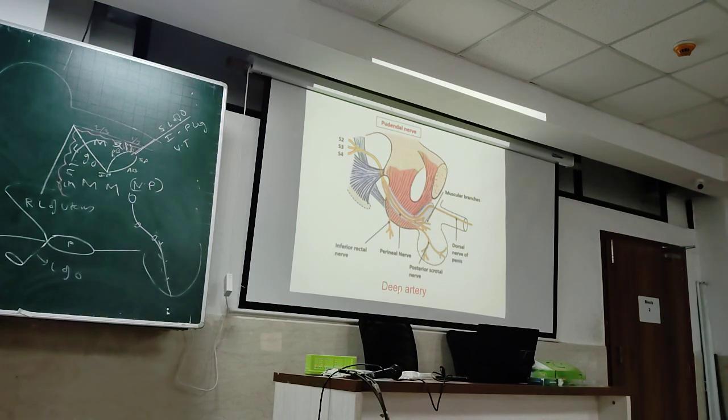This deep artery is the one which supplies erectile tissue. There is no corresponding nerve to erectile tissue. The deep artery is an additional artery which has no counterpart nerve. Otherwise, all the arteries and nerves are parallel to each other and run together.